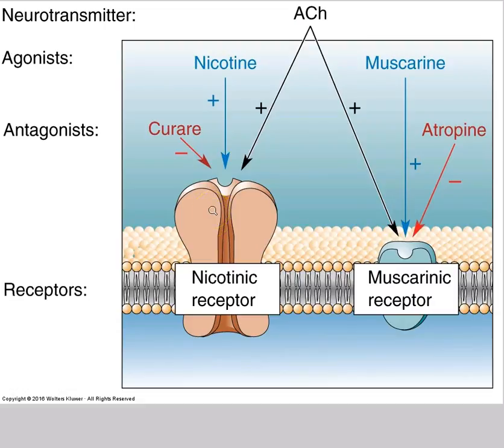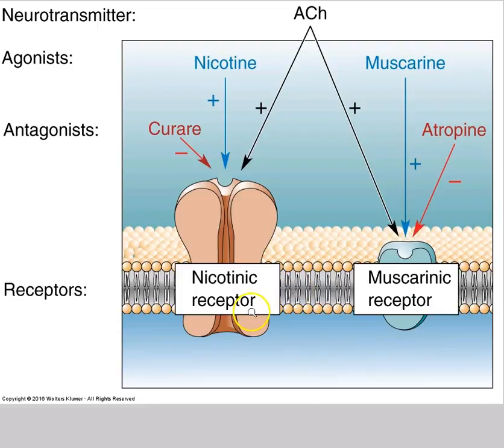So an experiment we could do, if the hypothesis is, for example, that a particular synapse has nicotinic receptors and not muscarinic receptors, we could dose that synapse with nicotine, which should stimulate nicotinic receptors, and at the same time we could also dose it with atropine, which should inhibit any muscarinic receptors that could be present.